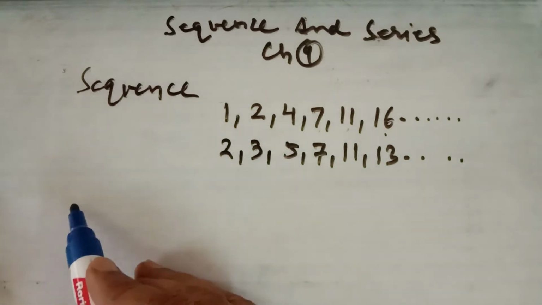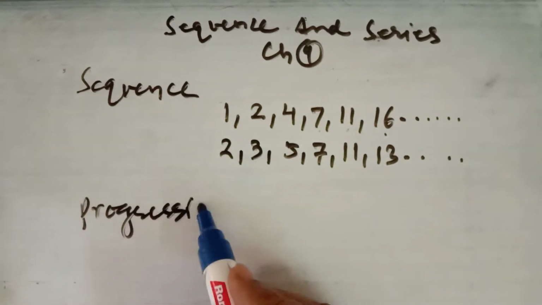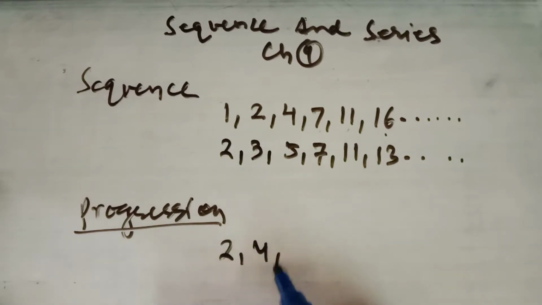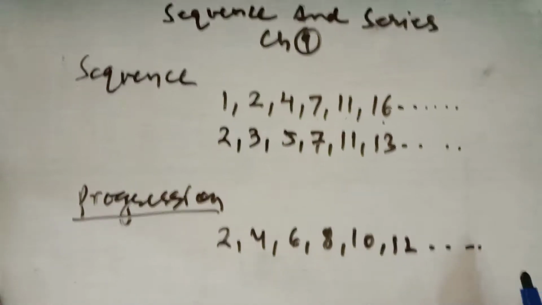Now what is a progression? A progression is a sequence which is written in a definite pattern and in which we can find some formula to find any term of that sequence. For example, let us take 2, 4, 6, 8, 10, 12, and so on.